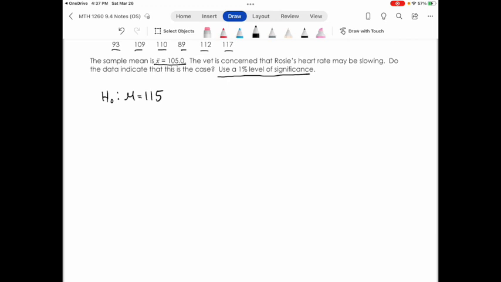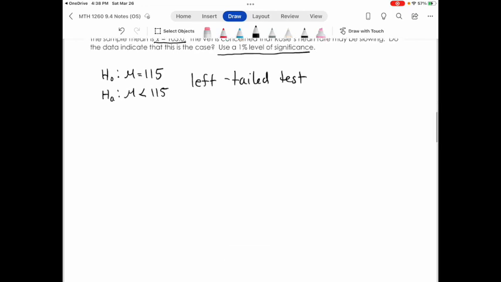Our null hypothesis is if nothing has changed, if her mean heart rate is 115 beats per minute. Now, what the vet is concerned about is that her heart rate is slowing down, so she wants to check to see if her mean is less than 115, which tells me I'm looking at a left-tailed test.